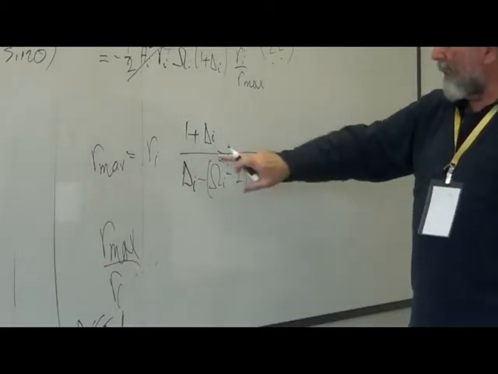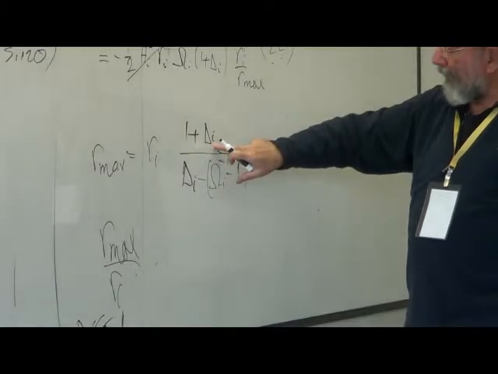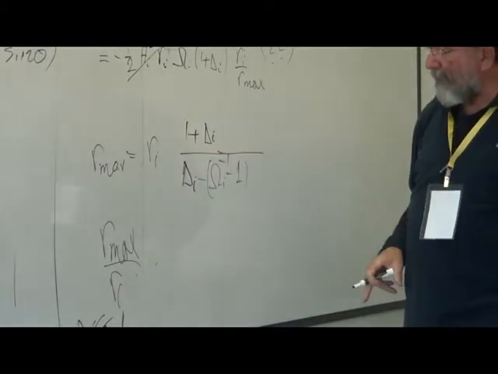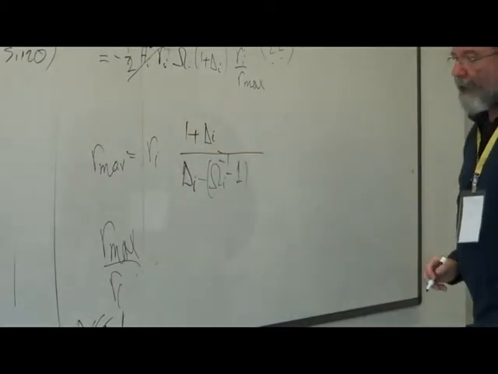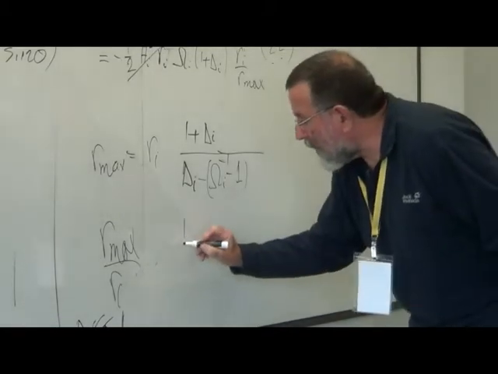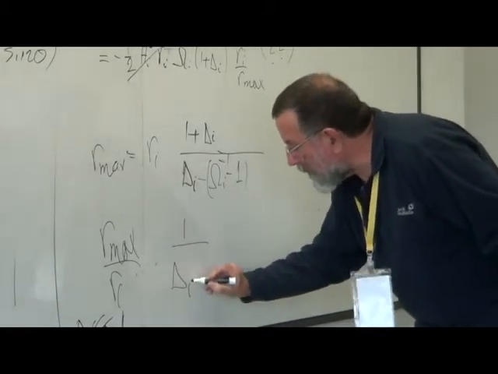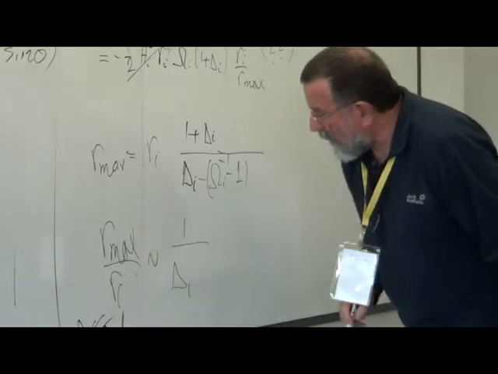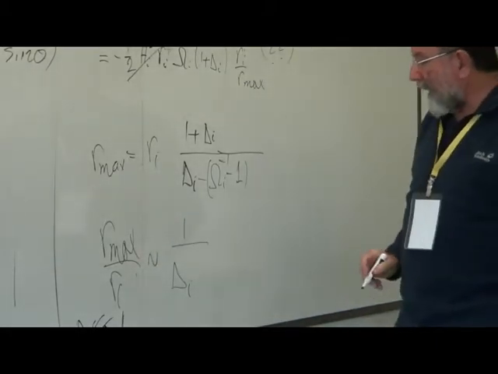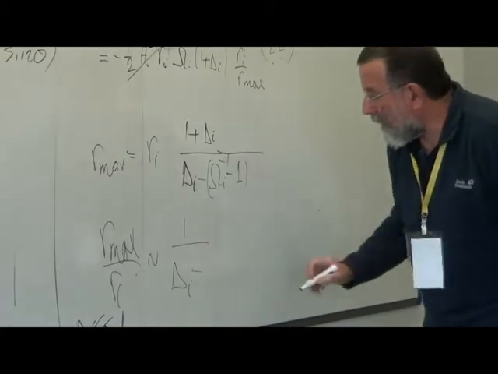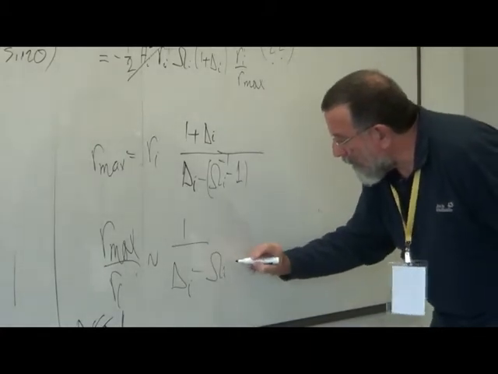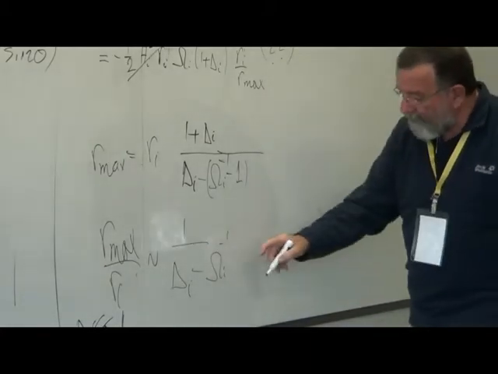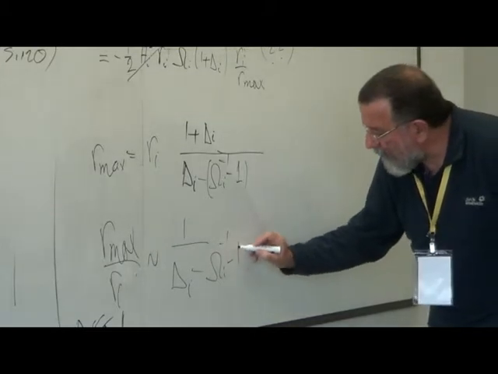So I have here 1 plus delta i, and delta i is much smaller than 1. To first order, it's 1 over (delta i minus (omega i minus 1)), like that.